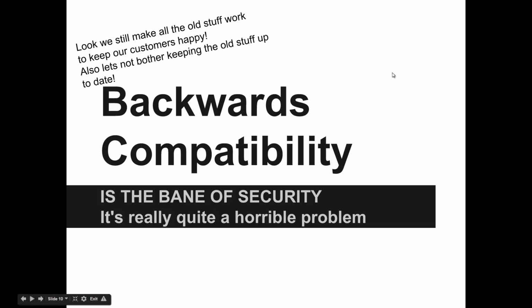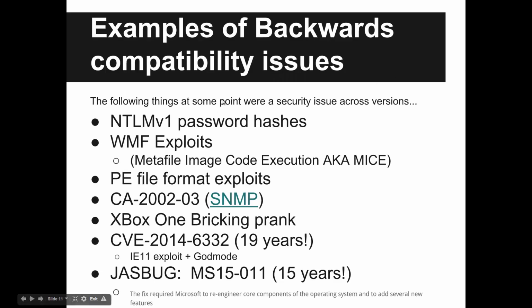So let's cover some historical vulnerabilities attributed to backwards compatibility issues. Probably the most notable is NTLM, aka LANMAN password hash format, which is notorious for being super easy to crack. Next would be the Windows Metafile exploitation problem.